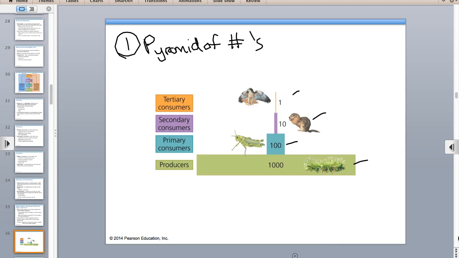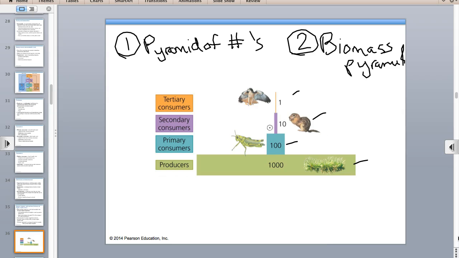That's the number of organisms, relatively speaking. So this pyramid could be numbers of organisms. It could also be a biomass pyramid. That would mean I would have 1,000 kilograms of plants, 100 kilograms of grasshoppers, 10 kilograms of squirrels, and 1 kilogram of hawk, relatively speaking.